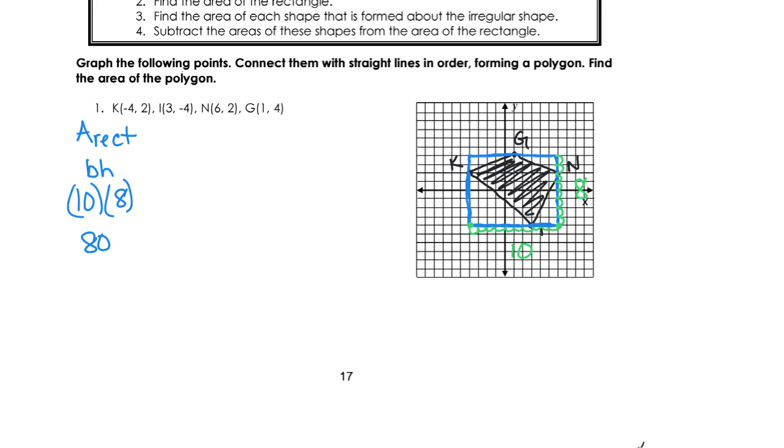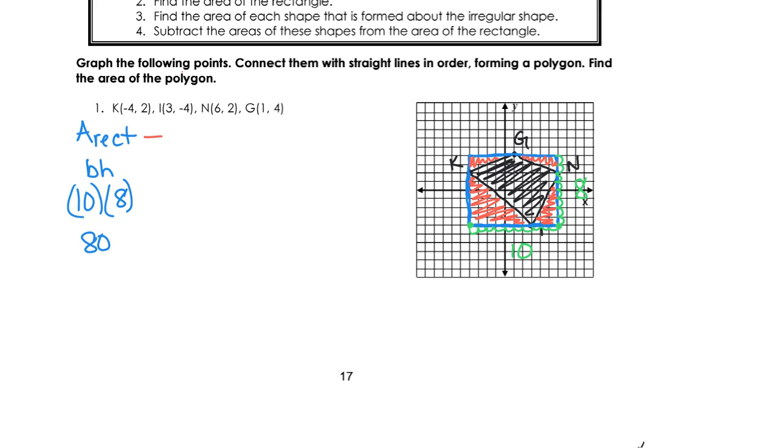And so what we're going to do now is we're going to go ahead and subtract out those 4 triangles that we had. If we take the area of this triangle out of the rectangle, the area of this triangle out of the rectangle, the area of this triangle out of the rectangle, and the area of this triangle out of the rectangle, we'll have the area of that shape that's left. All right, and so that's how we indirectly find the area of that black shape inside.